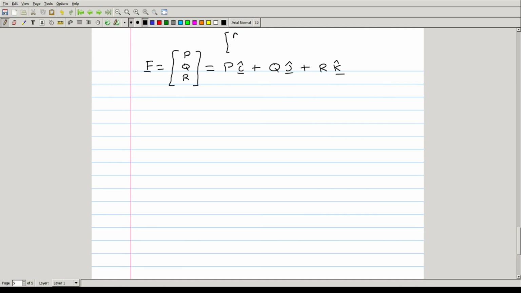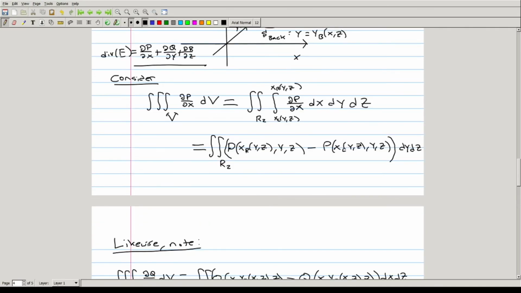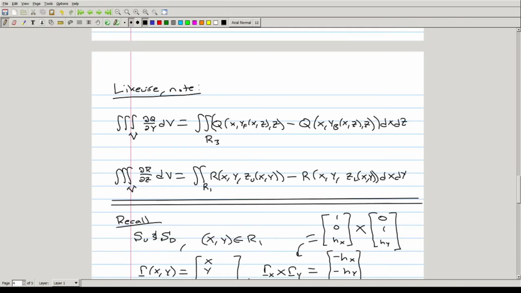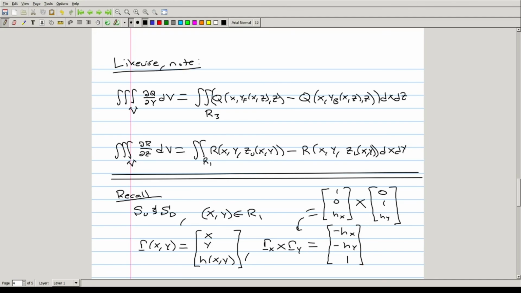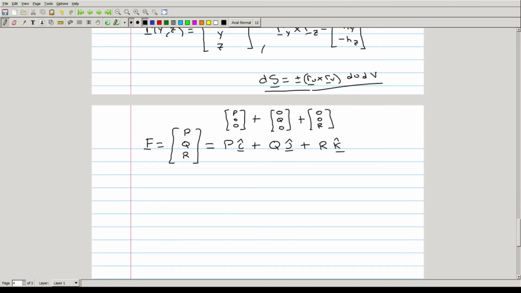P i hat is just (P, 0, 0), Q j hat is (0, Q, 0), and R k hat is (0, 0, R). We're doing this just like before, where we split up our volume integrals and computed the three parts of divergence in Cartesian coordinates. We'll do the same idea here for the surface integrals of the three parts of this vector field.